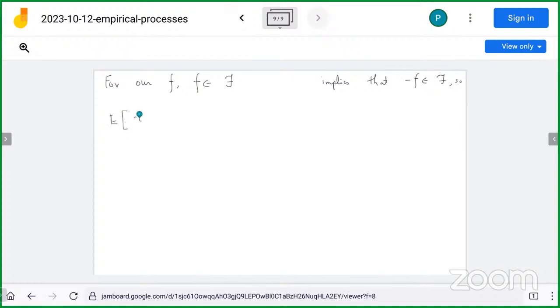Otherwise, you might have to lose some extra factors, but here you don't.